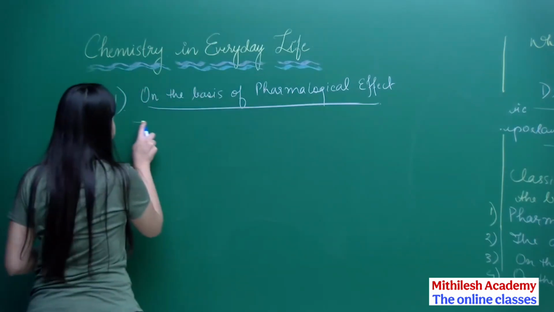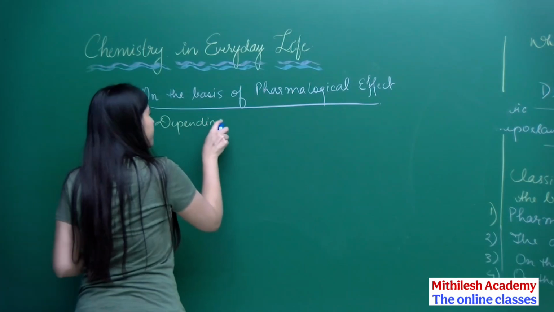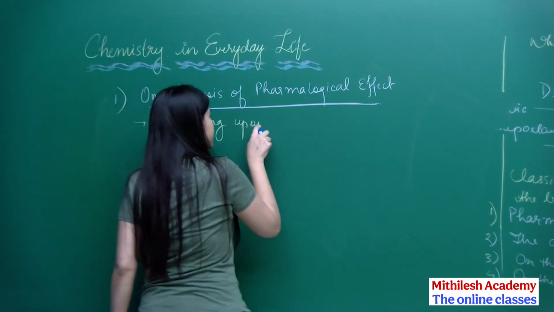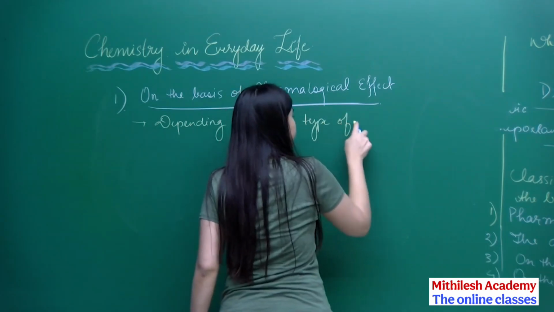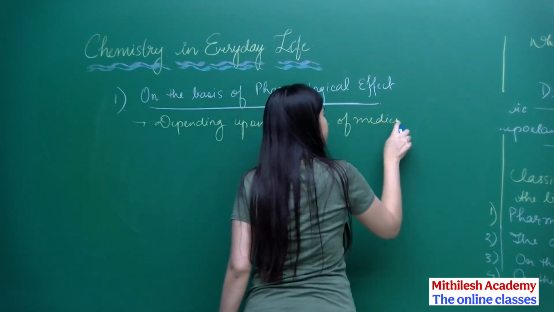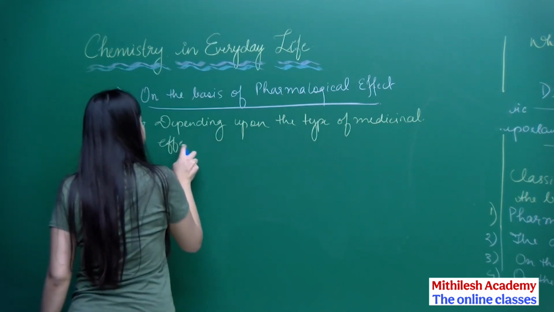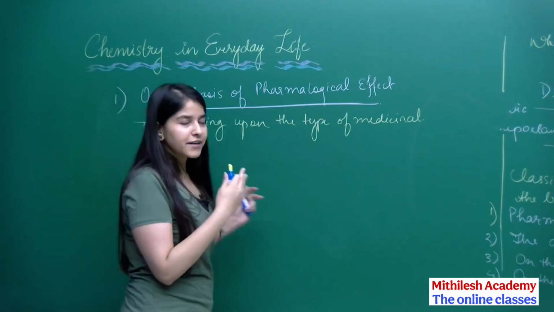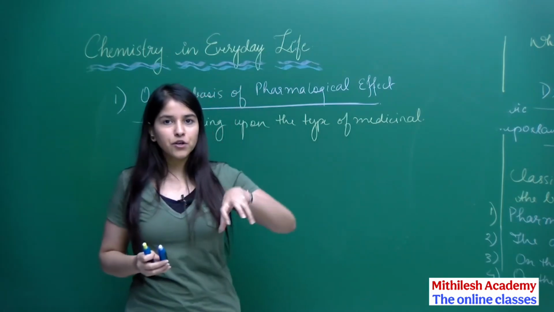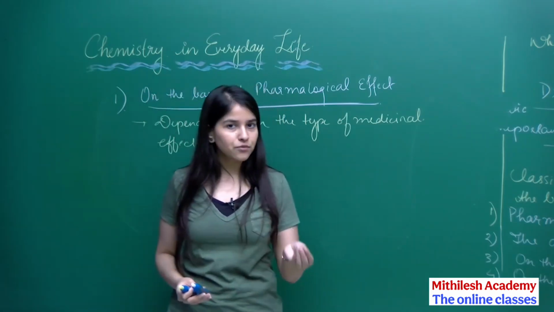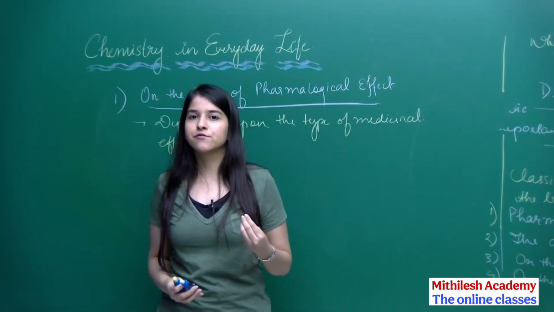So such classes, depending upon the type of effect, depending upon the type of work they actually do. So here, depending upon the type of medicinal effect, this kind of classification is useful for the doctors. Why? Because they will know what particular kind of medicines will treat such a disease, so they can assign it to the patients very comfortably.